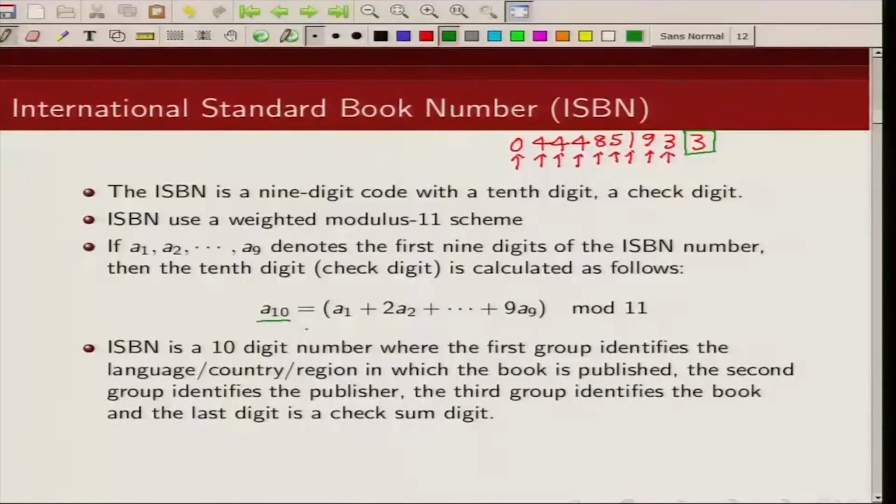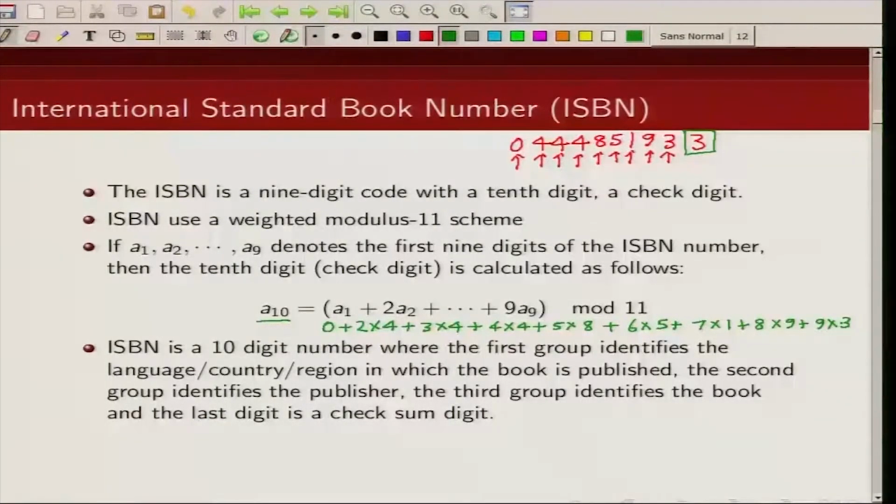It is A1, which in this case is 0, plus 2 times A2, that is 4, plus 3 times A3, that is 4, plus 4 times A4, which is again 4, plus 5 times A5, 6 times A6, 7 times A7, 8 times A8 and 9 times A9.